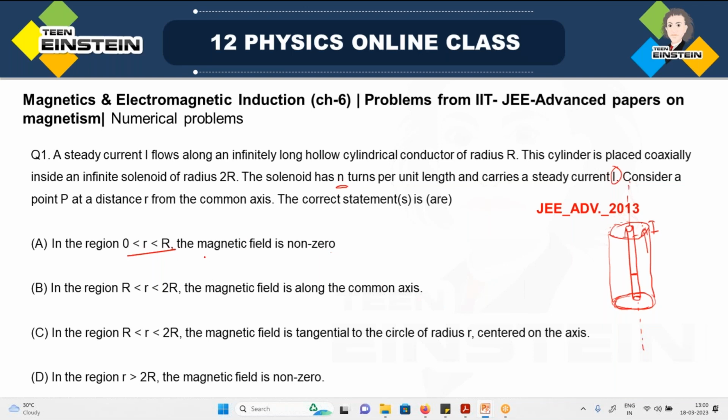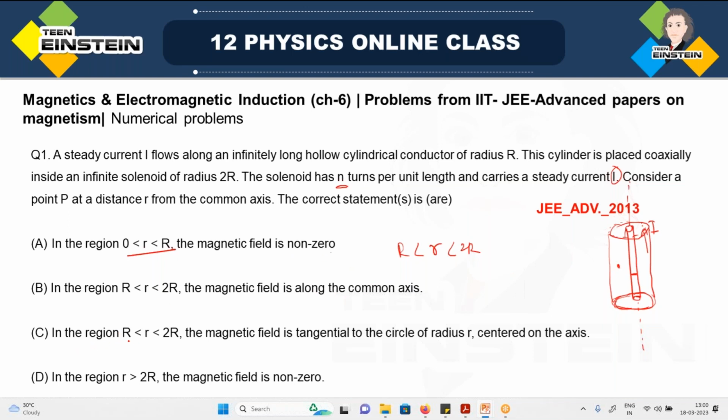We'll decide that, we'll answer it. First of all, let me read the options. In the region small r to 2r, this region is in between the cylinder and the solenoid, somewhere here inside the solenoid.